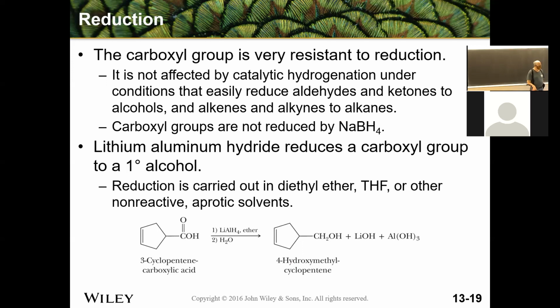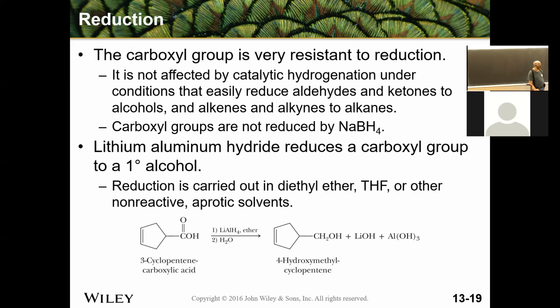They can be reduced with lithium aluminum hydride, which is a stronger reducing agent than sodium borohydride. The product will be a primary alcohol. We carry this out in diethyl ether, THF, or other non-reactive aprotic solvents.